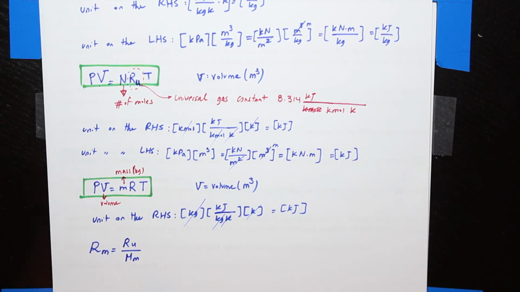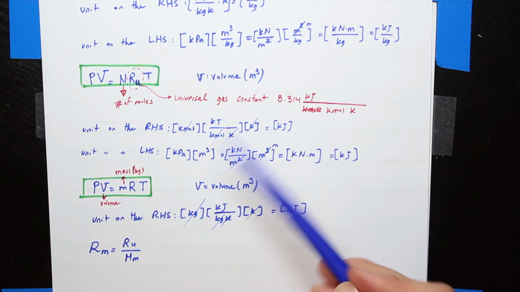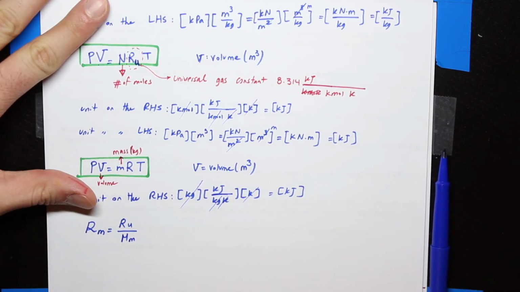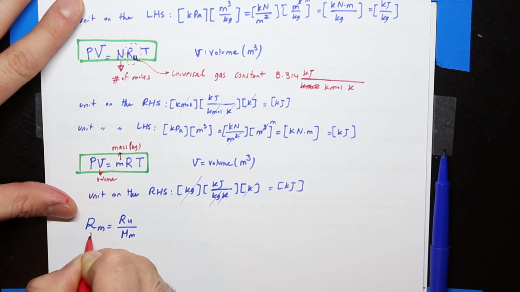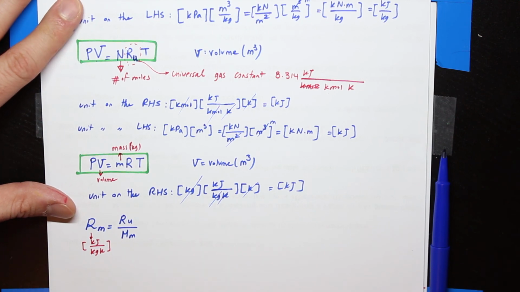Okay, so that means we have two different forms of R. So do not be confused with this subscript m. You can kind of ignore that because this gas constant is the universal gas constant over the molar mass. Okay, so the unit of Rm here is simply kilojoule per kilogram Kelvin. That's the unit of R.